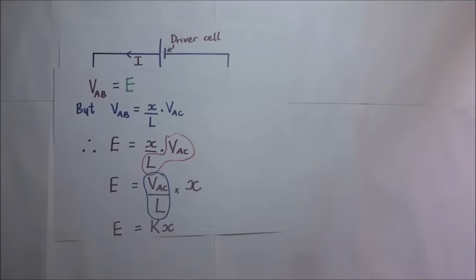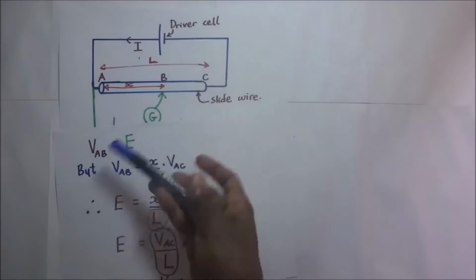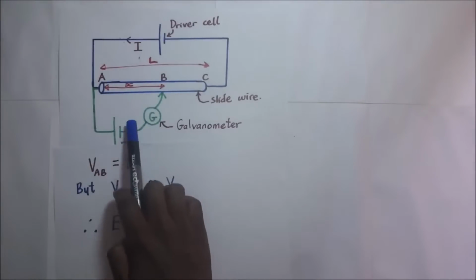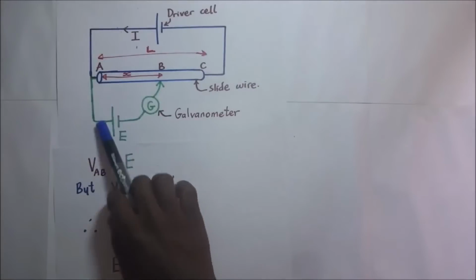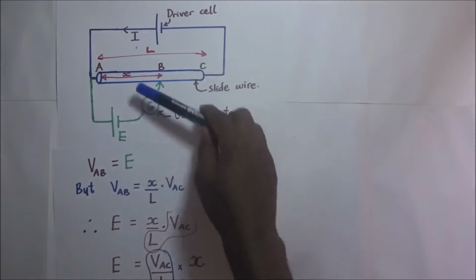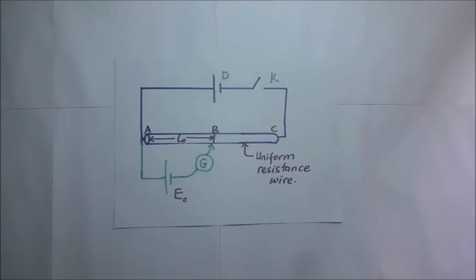In essence, standardization is the process whereby we seek to find the PD per unit length, because once we know the PD per unit length of any slide wire, it makes work easy for us to get the potential difference across whatever components are in the secondary circuit. How to standardize a potentiometer?